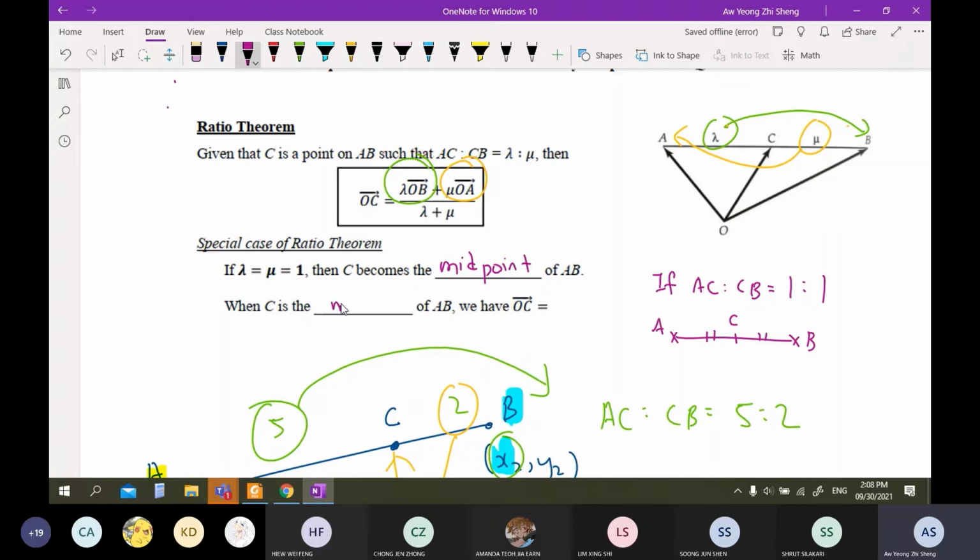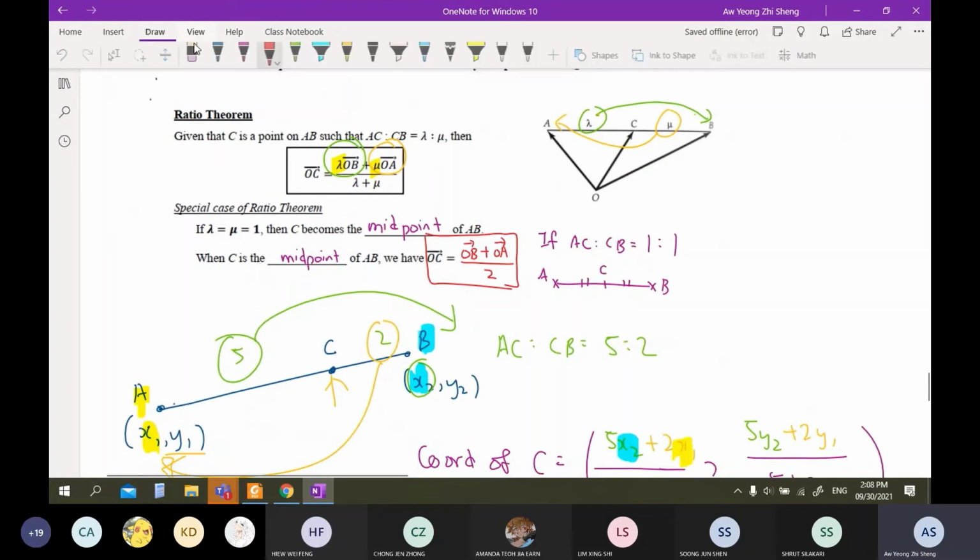When C is the midpoint of A and B, you can just sub in lambda and mu both equal to 1 in the formula above. Then you will have the formula 1 OB plus 1 OA divided by 1 plus 1, that will be 2. And this will be consistent with the midpoint formula that we learned in chapter 9A. So it's basically nothing new here.